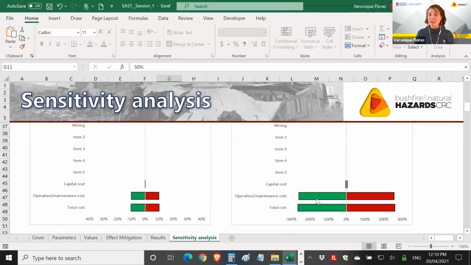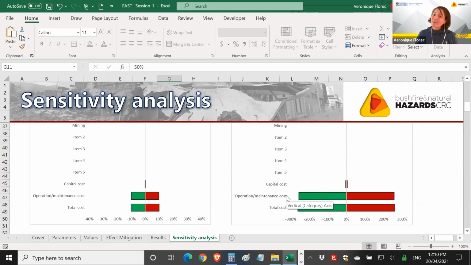So it means that I want to be very certain about my estimation of these costs. How certain am I that I have good data for these operation and maintenance costs? If I trust my data and I'm pretty sure that it is good, perfect. All I know is that my results would change a lot if I change the operation and maintenance cost.